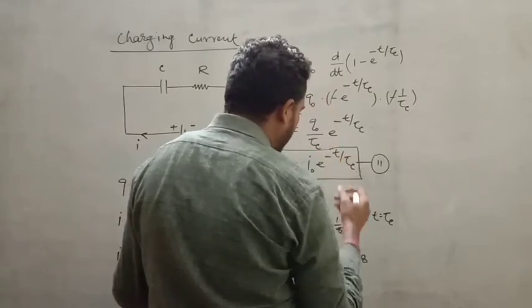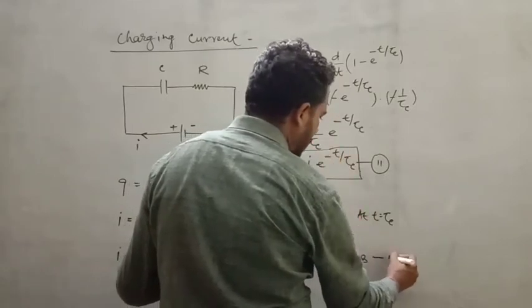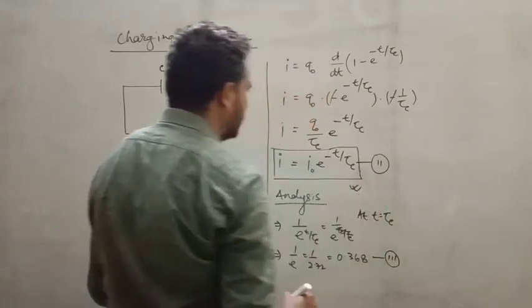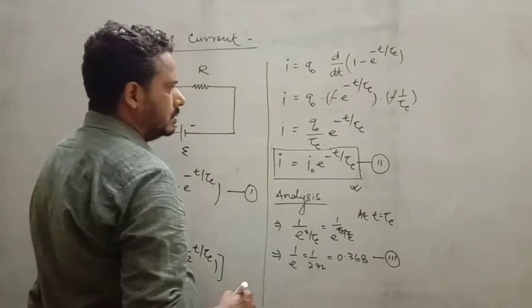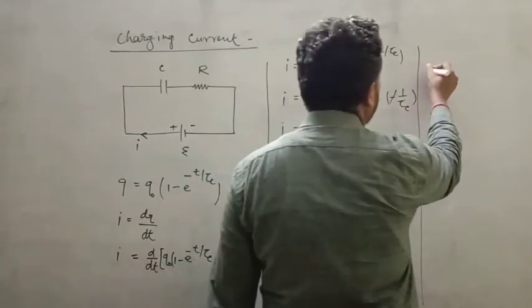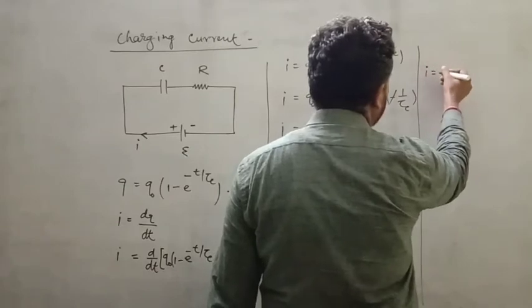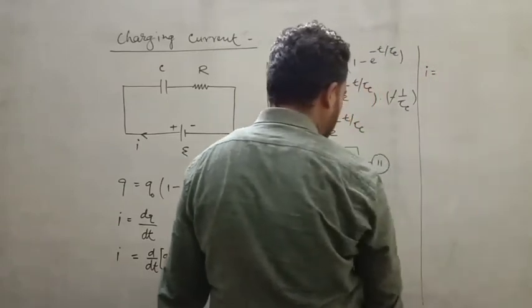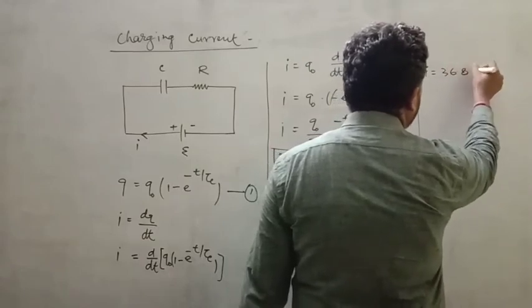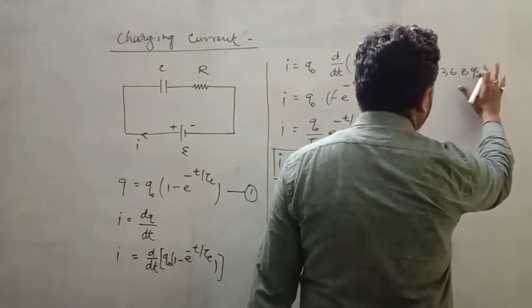That means what? When I see it on the basis of this equation 2, here you will get that this I is just 63.8% of I naught.